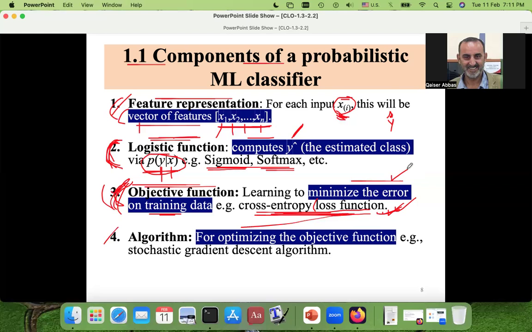So for that, you need some algorithm. And that is the fourth part of any probabilistic model. So you have to use some algorithm to optimize the objective function. And what is the example? Stochastic gradient descent algorithm. Again, for logistic regression. You can also use it for the neural network. Stochastic gradient descent algorithm.